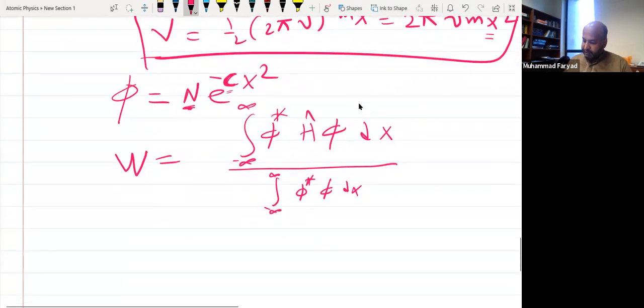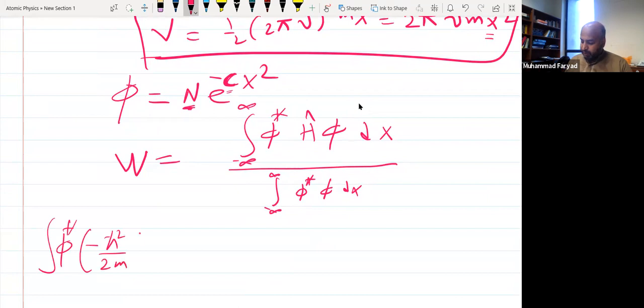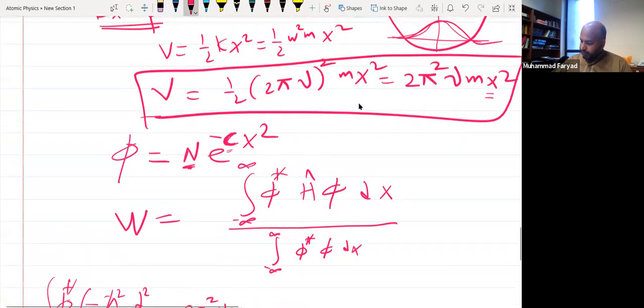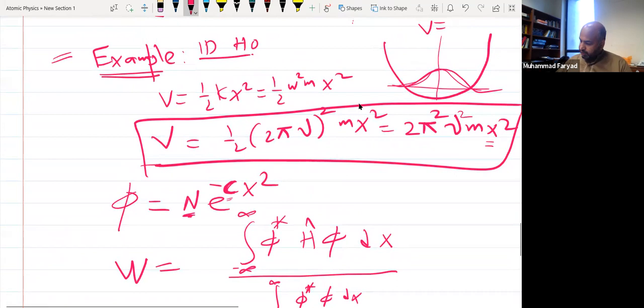So let's start with the top one first, phi star, and the Hamiltonian in this case is minus h cut square over 2m d square by dx square plus 2 pi square nu square m x square. I should have put a square here, right? Because this was a square.